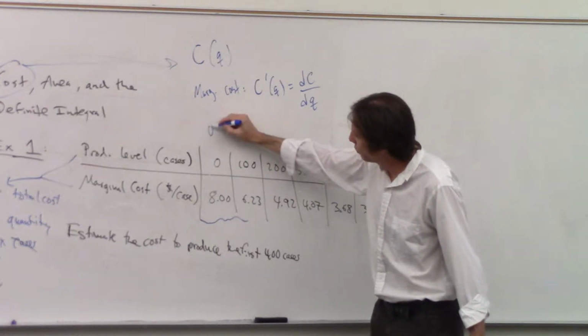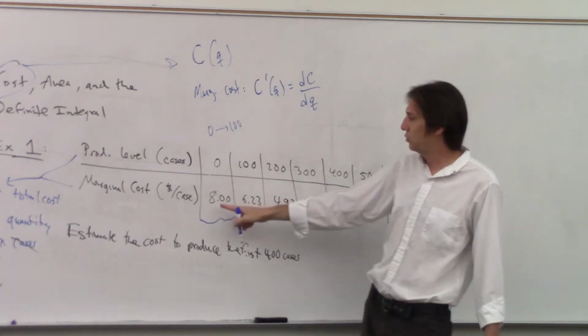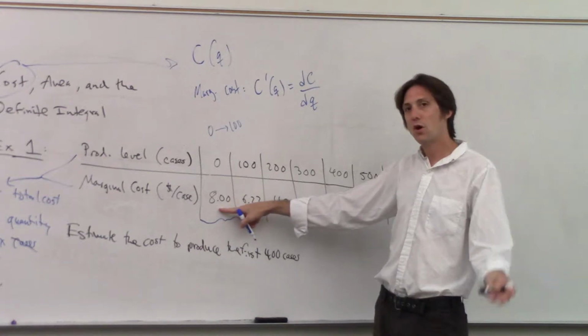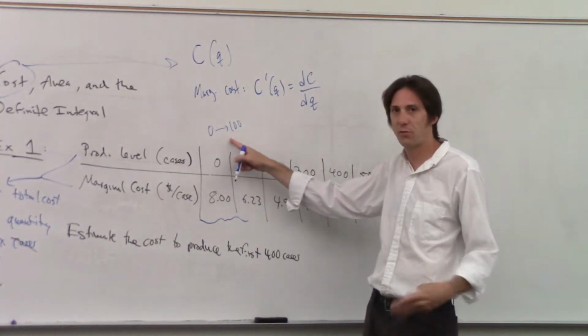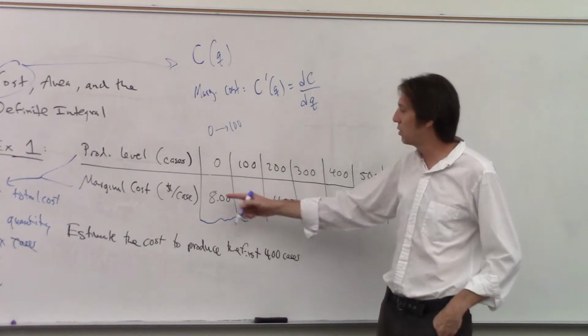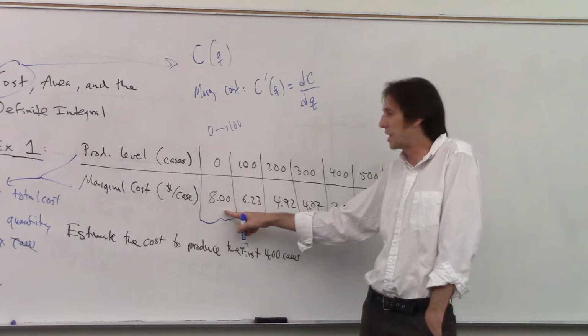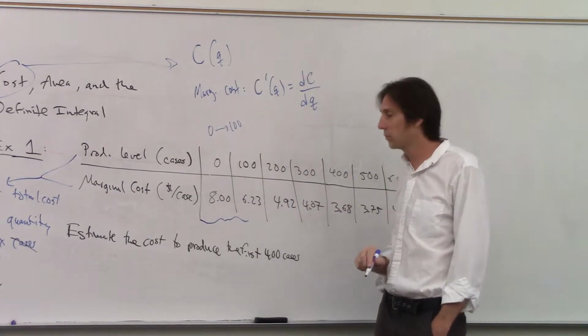As my production goes from 0 to 100 units, I might just assume that the marginal cost is $8 per case over that entire production batch from 0 to 100. And so the marginal cost is constant. I'm going to assume it's constant as my production goes from 0 to 100.